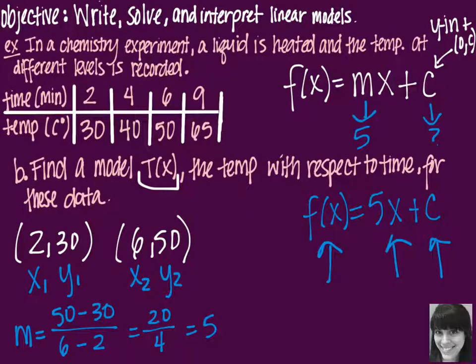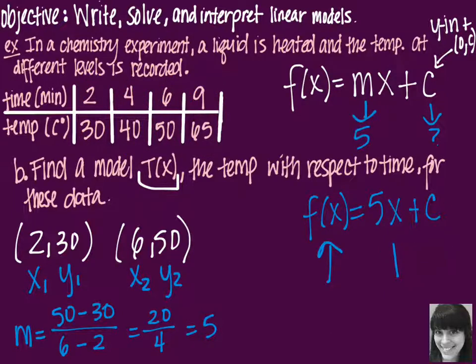Well, the thing is that I can take any one of these points and put them into the function because I know that they are part of this function, right? So I know if I put in 6 into x, I'm going to get out 50. That leaves me with 1 unknown, c.